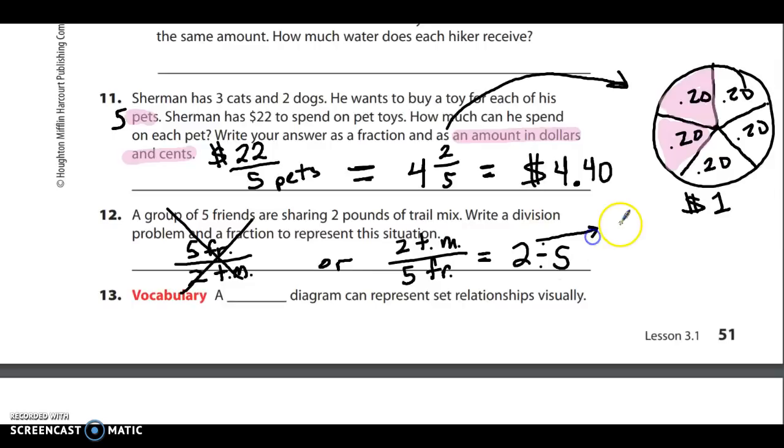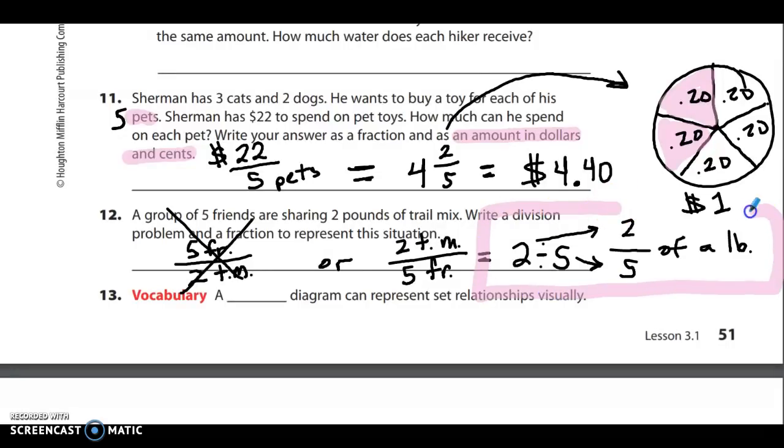And 2 becomes the numerator. 5 becomes the denominator. You get 2/5, and it's 2/5 of a pound of trail mix. So I'm going to put 2/5 of a pound. Now, there are 2 answers here because it asks for 2 things. It says write a division problem and a fraction. So I'm going to put a highlighter around our 2 answers. There's our division problem, and there's our fraction.